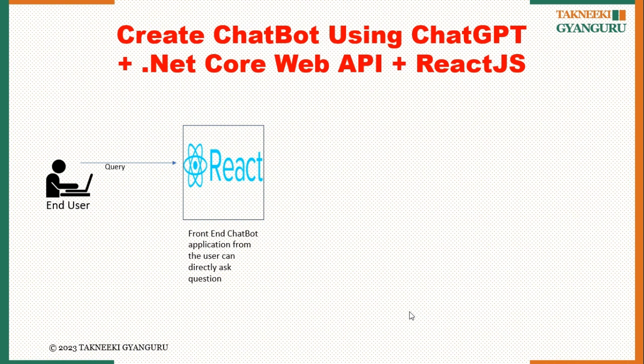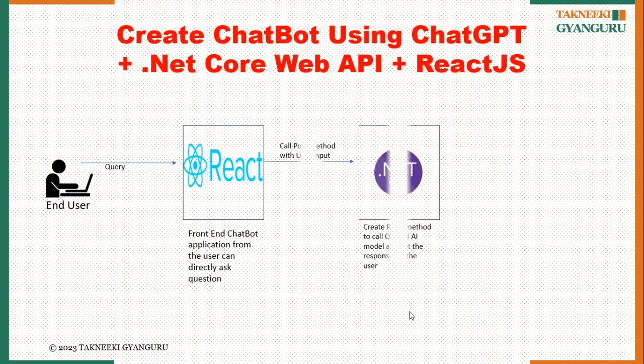React.js will have only the UI, so it will query the .NET Core API. We have created a .NET Core API that has the post method that will connect with the OpenAI model, or ChatGPT model, where it will request and then get a response from ChatGPT.